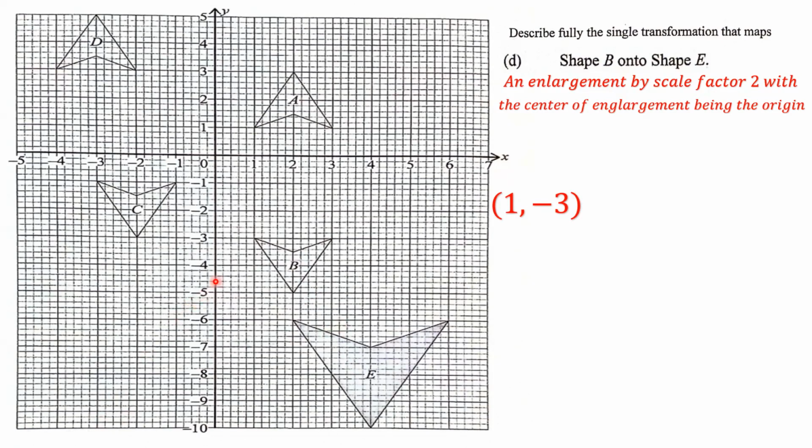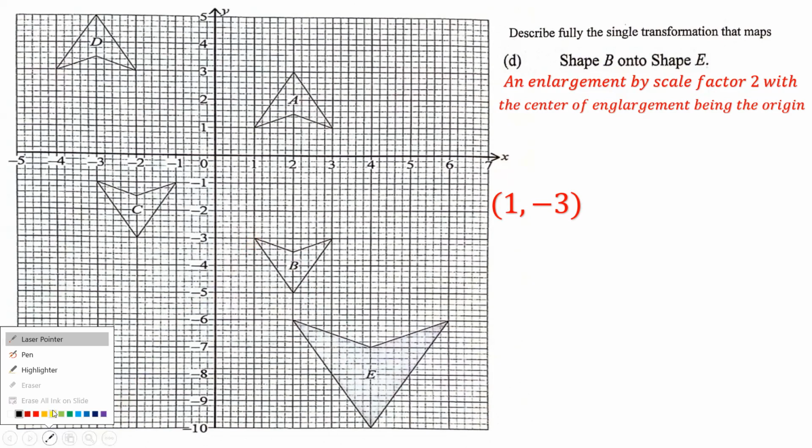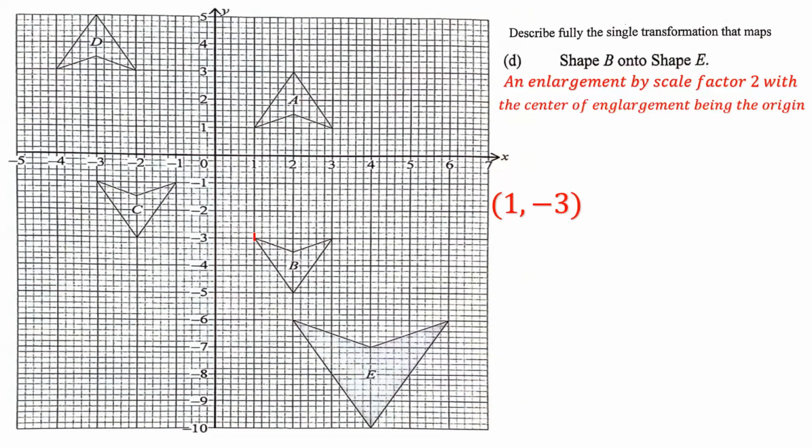So let's look at each point. If we have the point (1, -3), this point right there, what happens when we multiply it by 2? If we multiply 1 by 2, we get 2. If we multiply -3 by 2, we get -6.